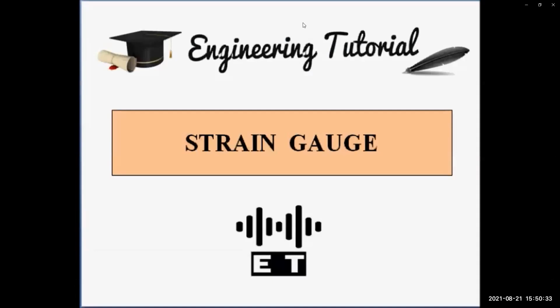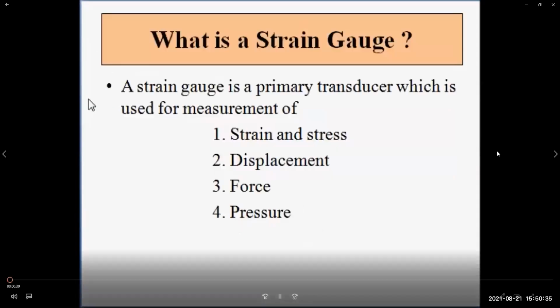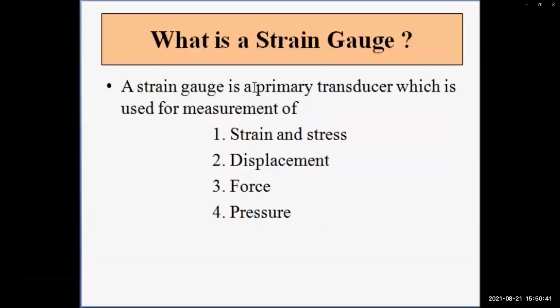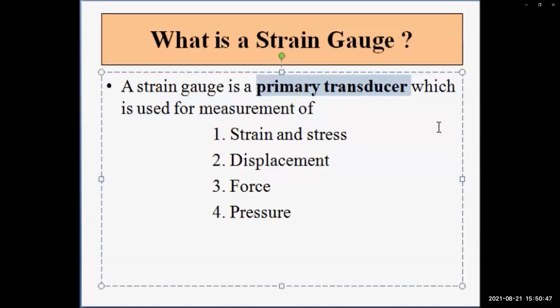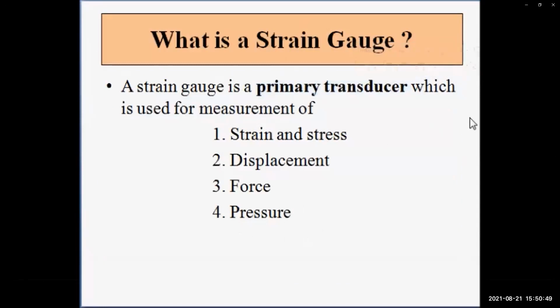So what is a strain gauge? Now a strain gauge is basically a primary transducer. It means that it converts the physical quantity under measurement into a mechanical signal, a mechanical motion or displacement, any type of mechanical signal.